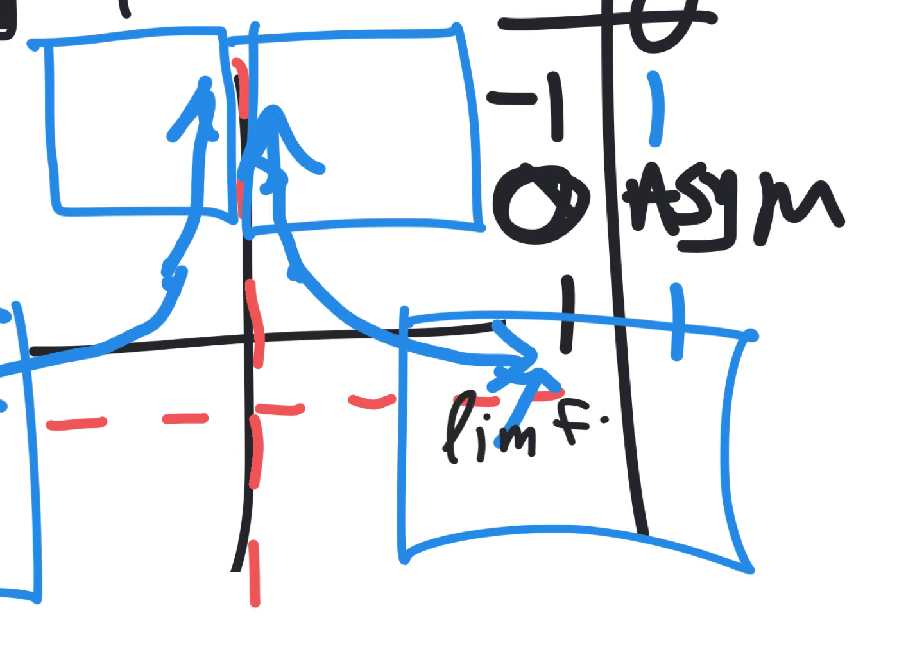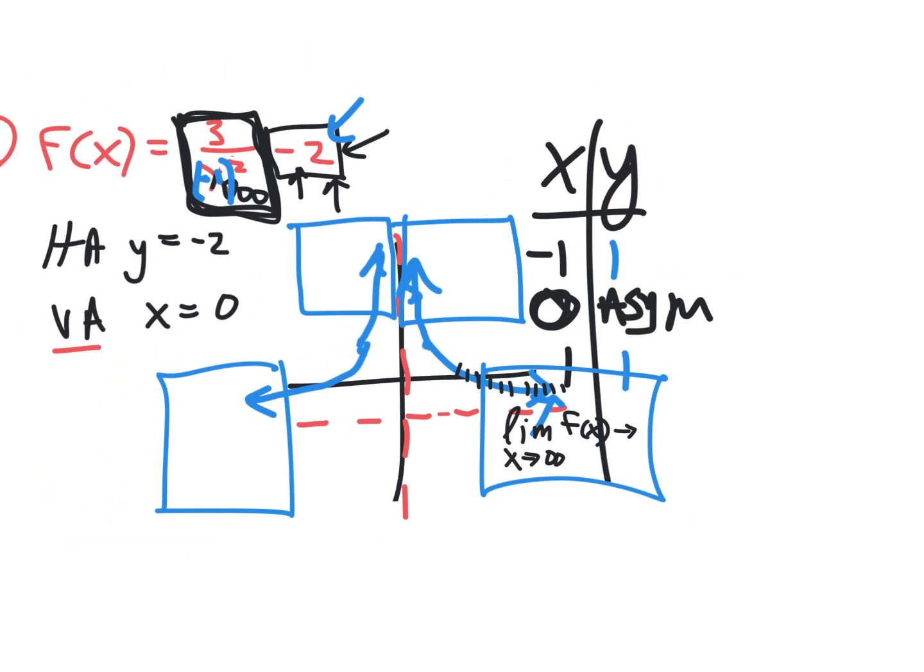Limit of the function. X is approaching. Well, remember, if you're riding on this like a railroad tracks, X is getting closer and closer to, well, it keeps going towards infinity. The Y is getting really close to this red dotted line, which is the horizontal asymptote, which is right there.